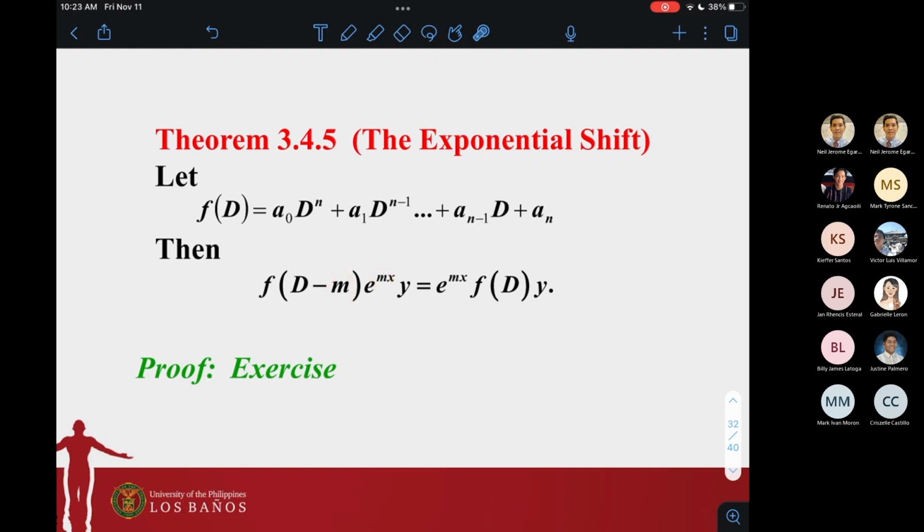Well, this could easily be done by putting e to the mx out of the operator. Pag nilabas mo yung e to the mx ng operator, ang epekto lagi nun, nawawala yung minus m. Alright? So that's why when I move e to the mx outside, it will be free of the operator. Hindi mo na siya kailangang i-subject dun sa operator f of d. Pero ang nangyayari, nawawala yung minus m, which makes the evaluation of this guy much easier.